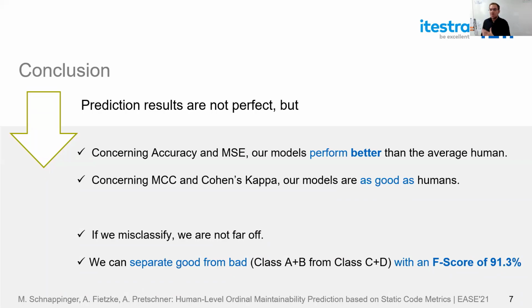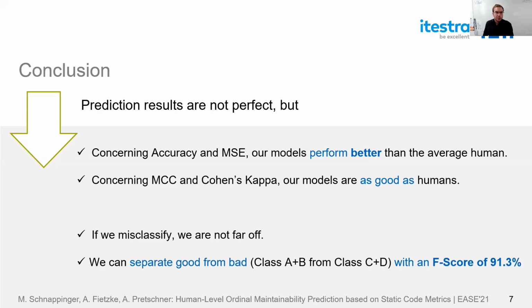So if we can achieve these good results, we can basically have the same confidence in the predicted label as we have in the human expert.